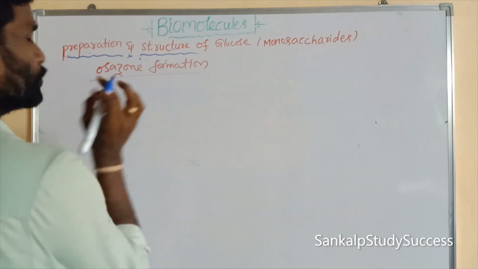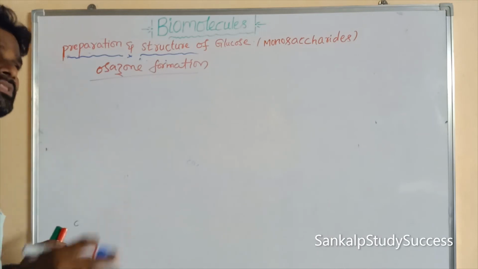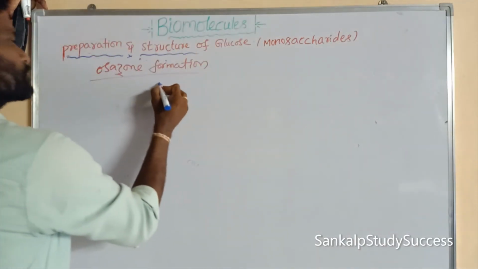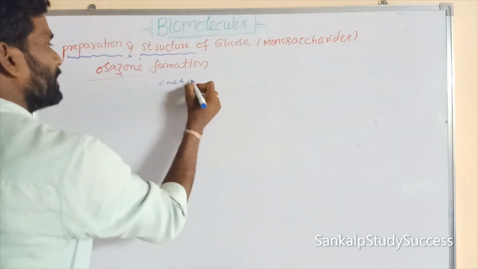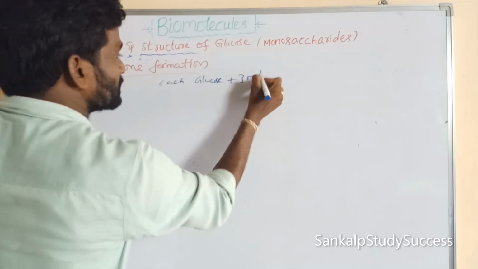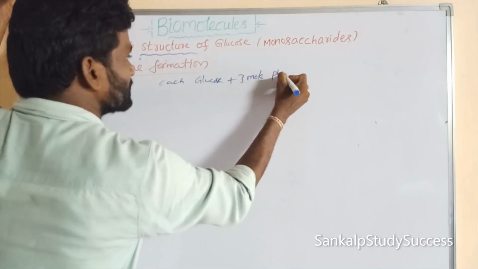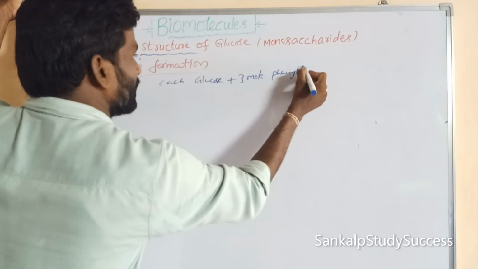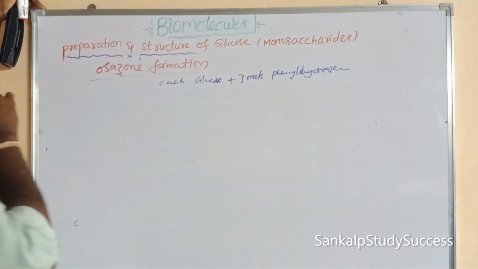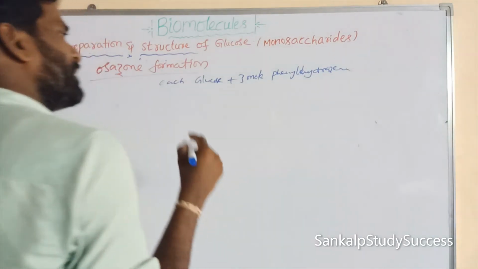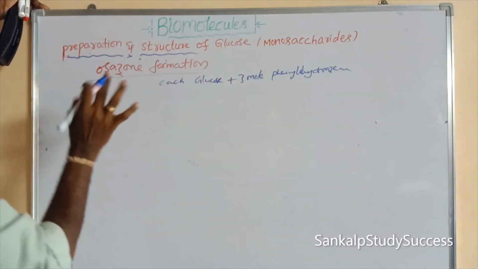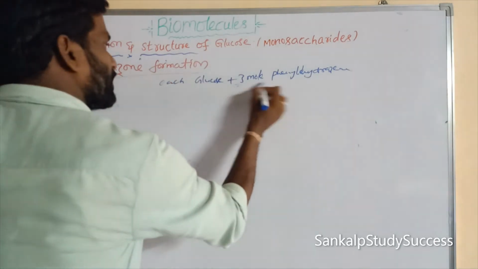Here, each glucose molecule can react with 3 moles of phenylhydrazine to give osazone. So each glucose molecule can react with 3 moles of phenylhydrazine. This is very, very important. How many molecules of phenylhydrazine can react with glucose to form osazone? How many moles? 3 molecules, right?